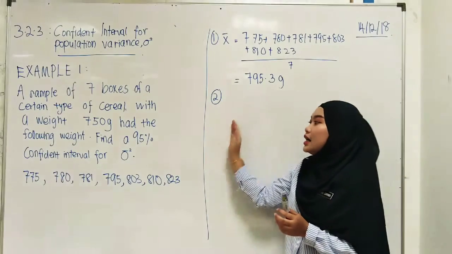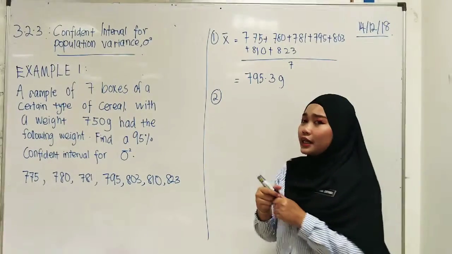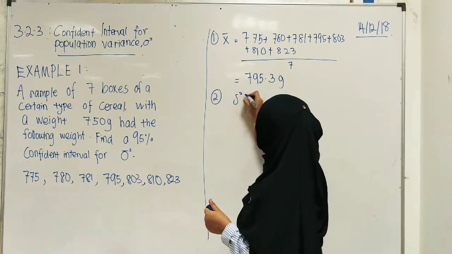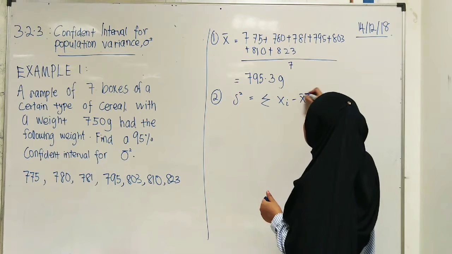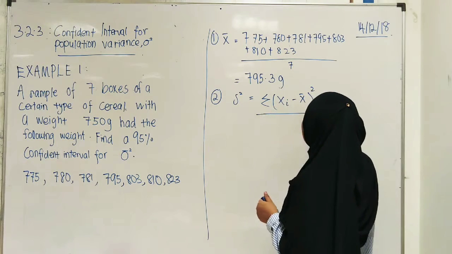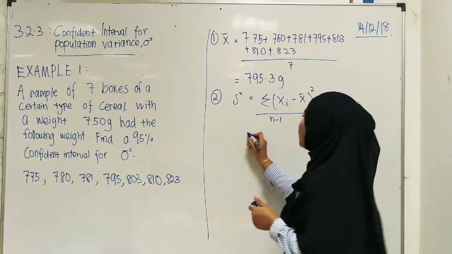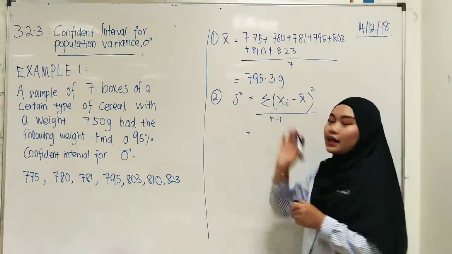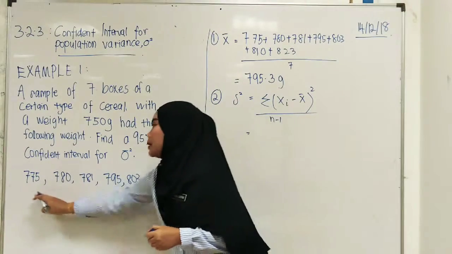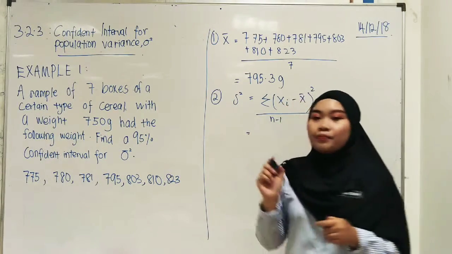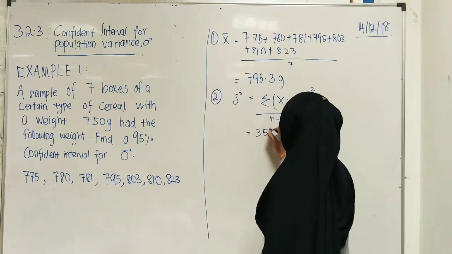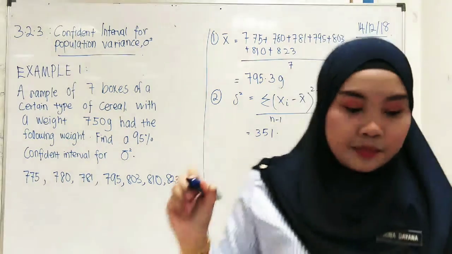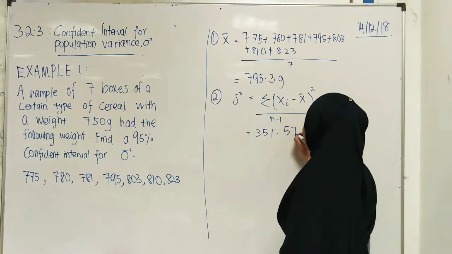We already found the mean. So now we will find the sample variance. How to calculate the sample variance? Sample variance is equal to the total of xi minus the mean squared, over n minus 1. We can calculate this on a calculator, or we can find it one by one. So the sample variance is 351.5714 grams squared.